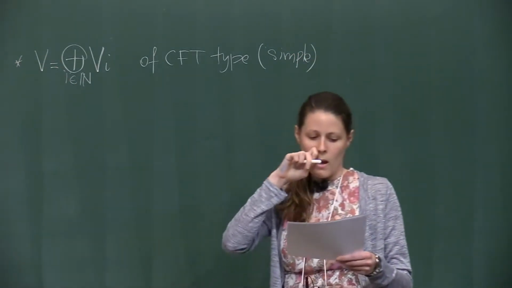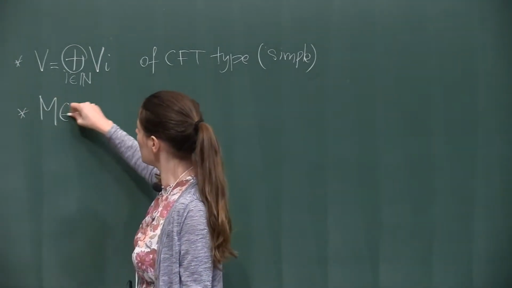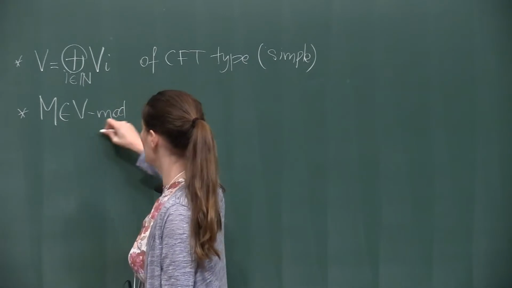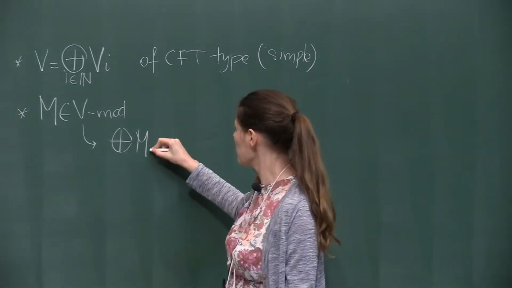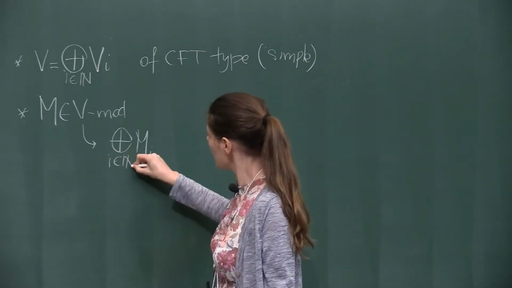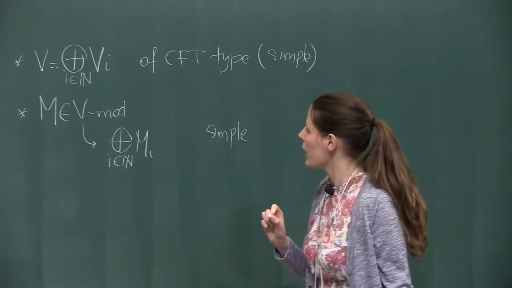Okay. And my V-modules M, by V-module I really mean maybe admissible modules. And I want them to be simple.